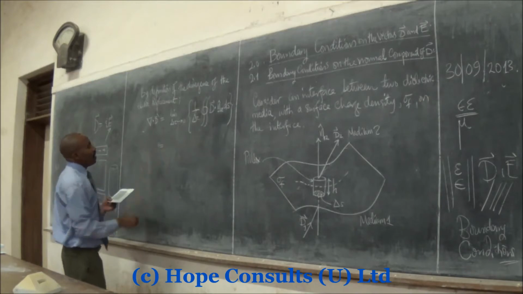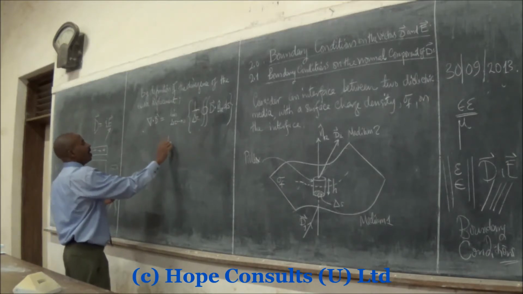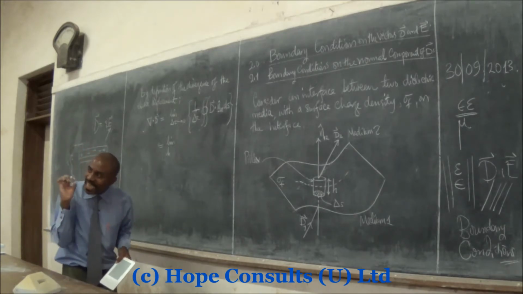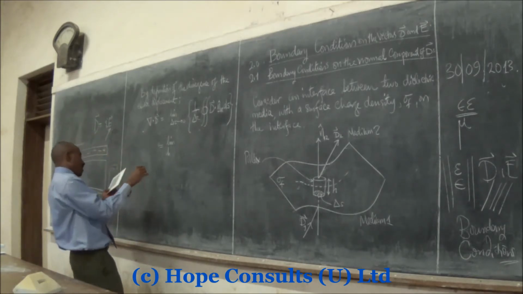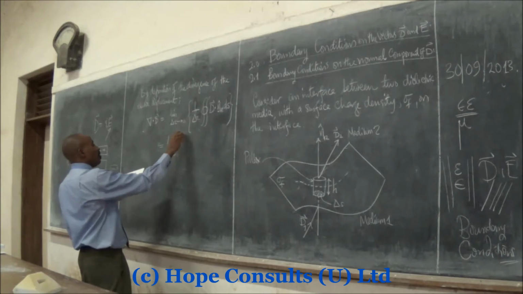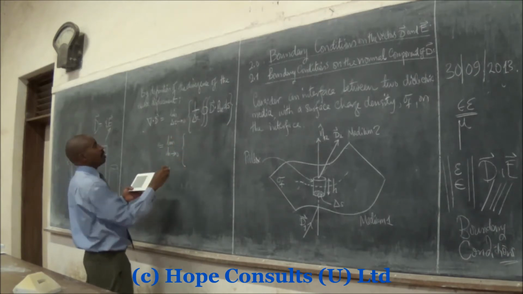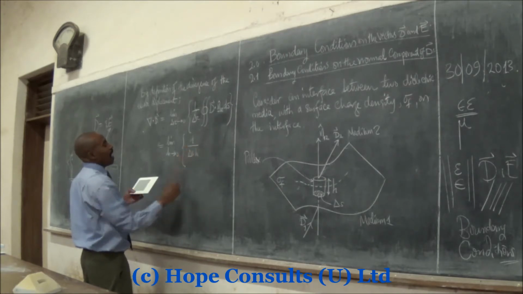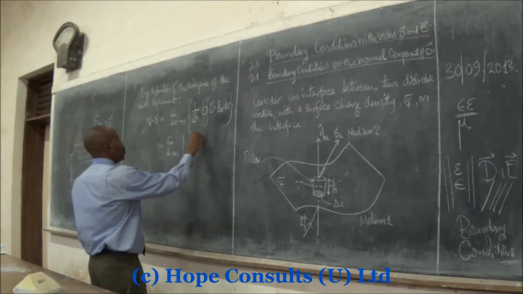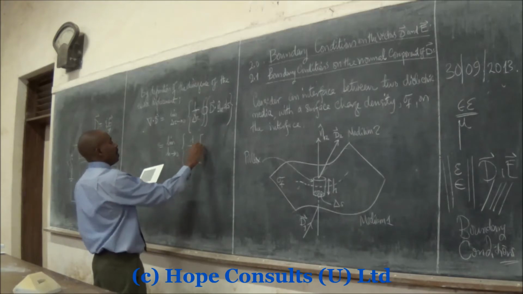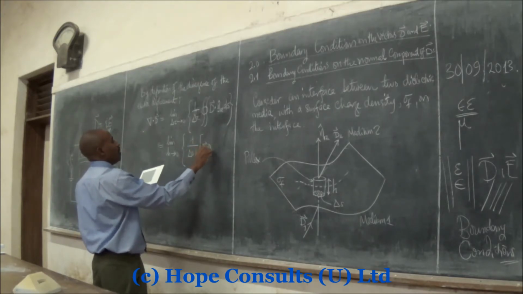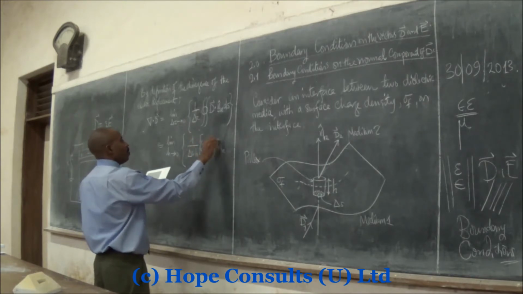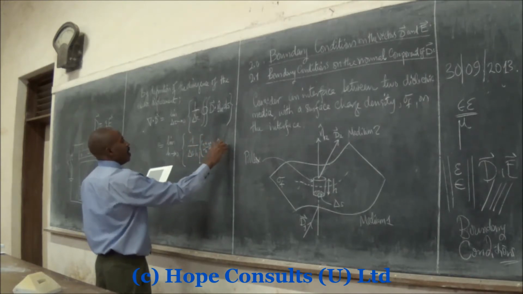And this can be taken as the limit as the pillbox becomes tinier, tending to 0, and we express our volume as the product of the surface and the height h, (D2 minus D1) dot n12 cap dS.